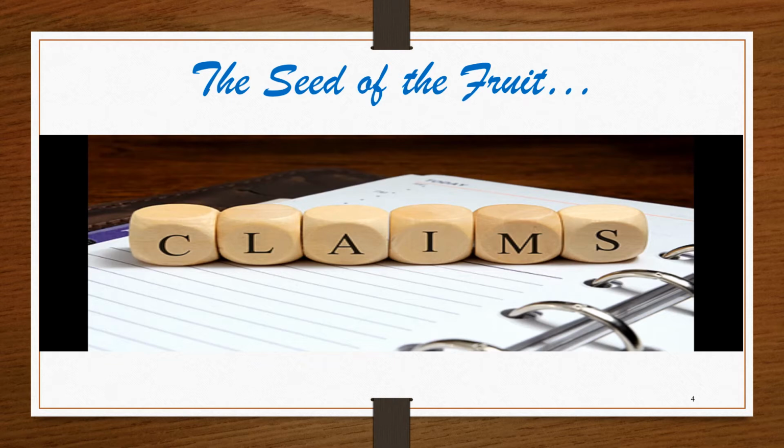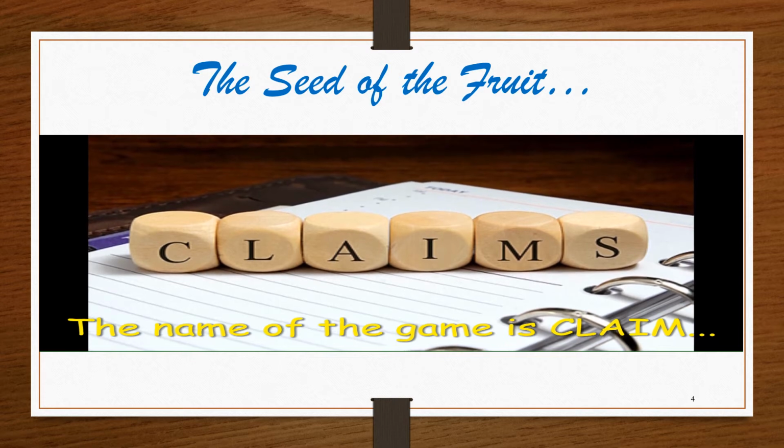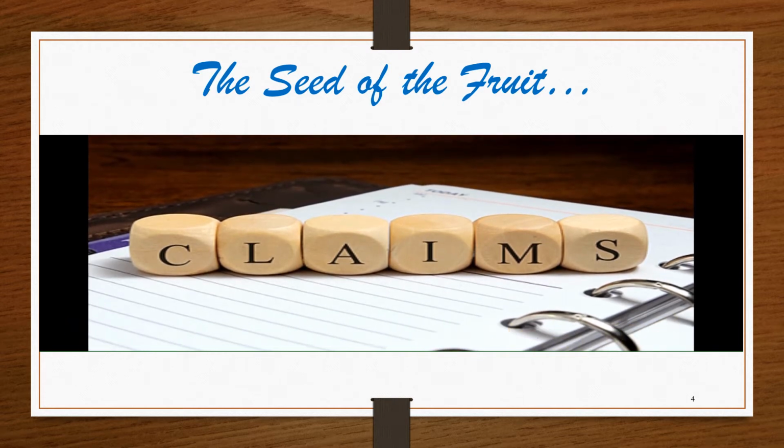That means the most important content of the complete specification. Okay. What is it? This is claim or claims. See, the name of the game is claim. Okay, just remember this. The name of the game is claim. Okay, just proceed.